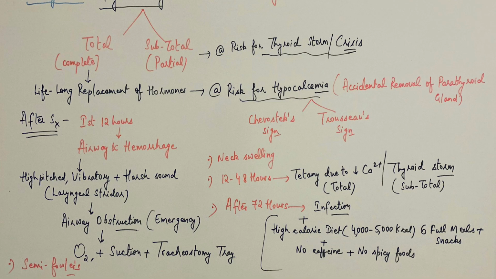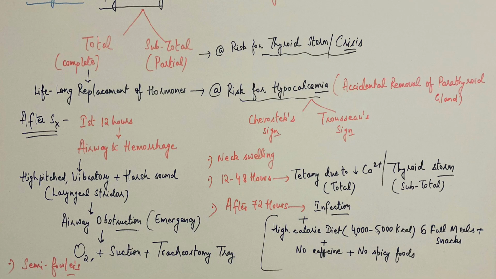Now, how do we look for airway obstruction? The main sign after thyroidectomy is the presence of a high-pitched, vibratory and harsh sound. The patient can make this high-pitched, vibratory and harsh sound, which is known as laryngeal stridor.